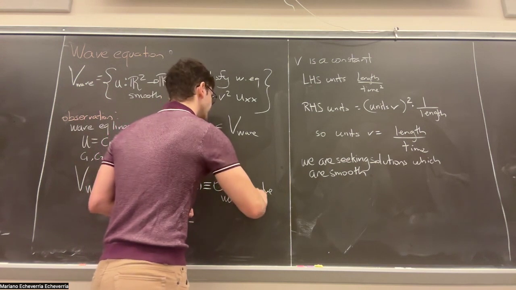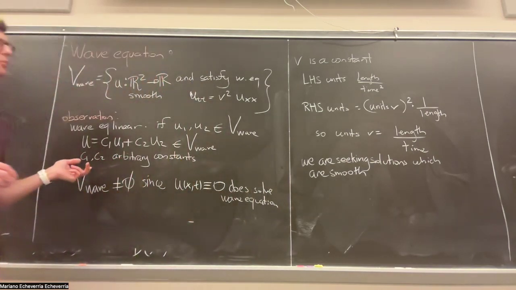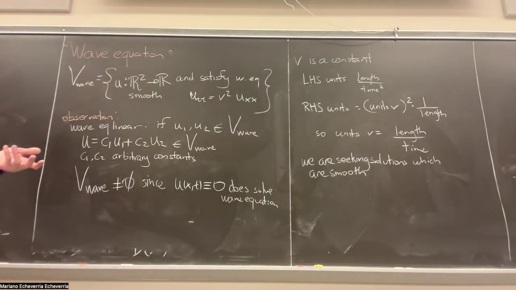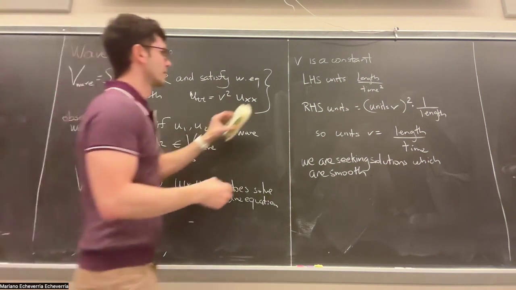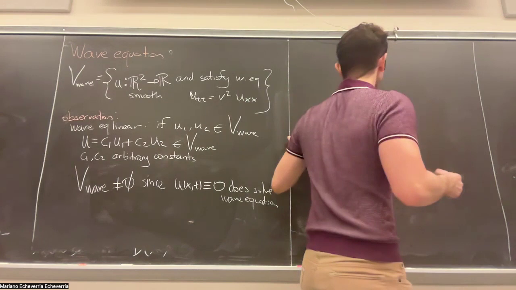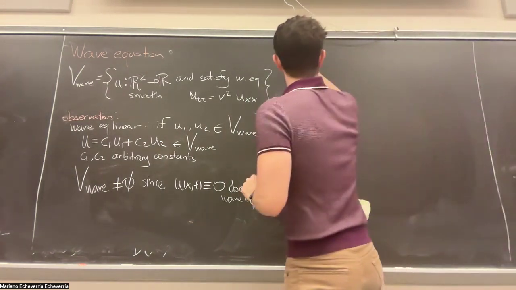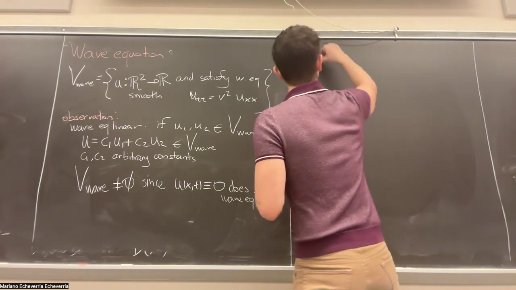It's a non-empty set and it has this linearity property, so it's enough to say that this forms a vector space: the set of solutions of the wave equation is a vector space.